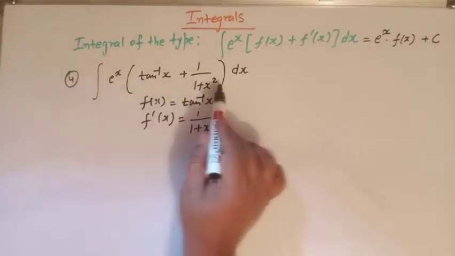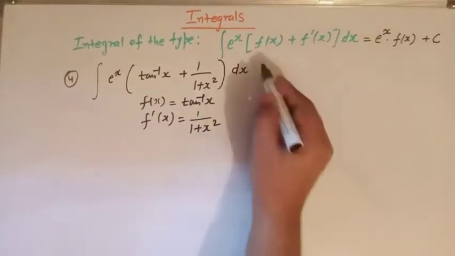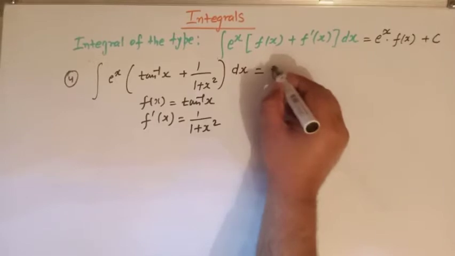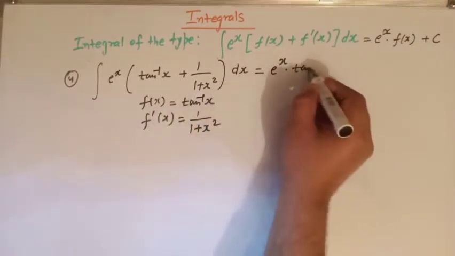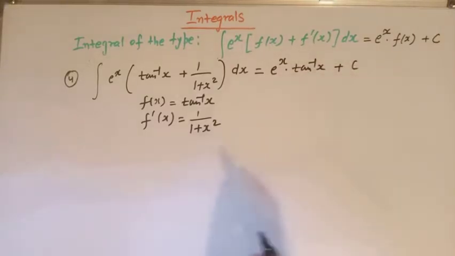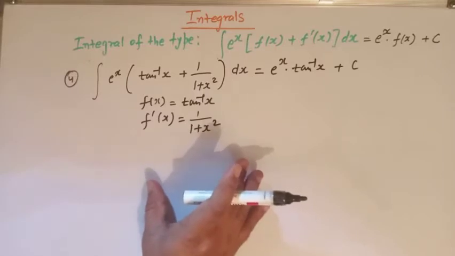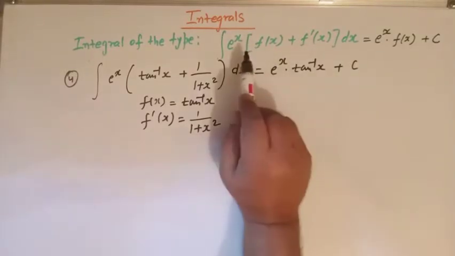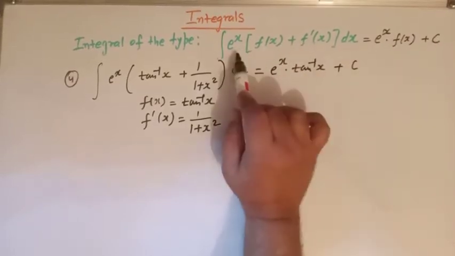So this integral satisfies the form of this integral, so this can be written as e raised to x times f of x, that is tan inverse of x, plus c. Clear? So these are some examples to illustrate how to find the integral of a function like this.